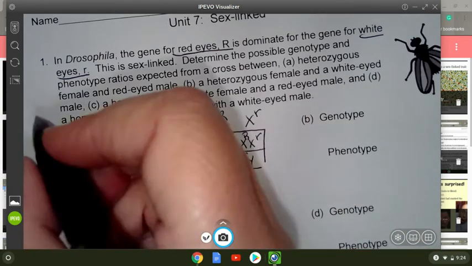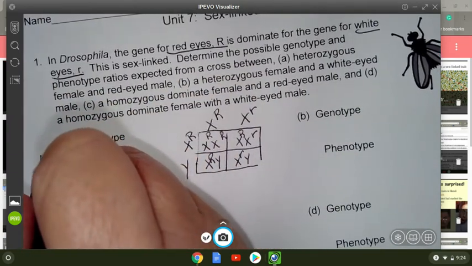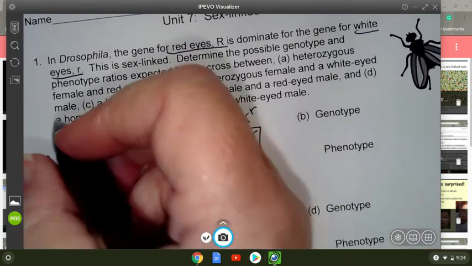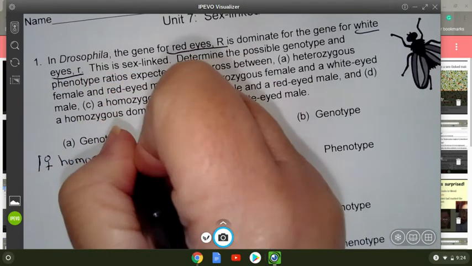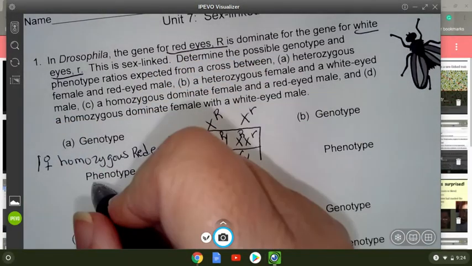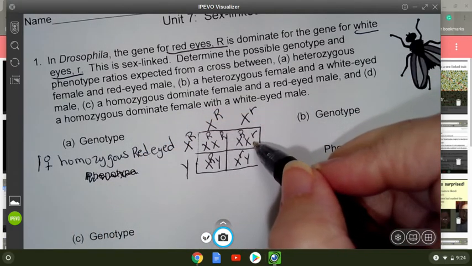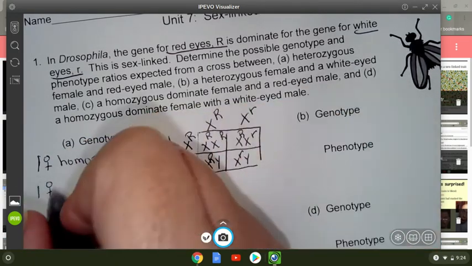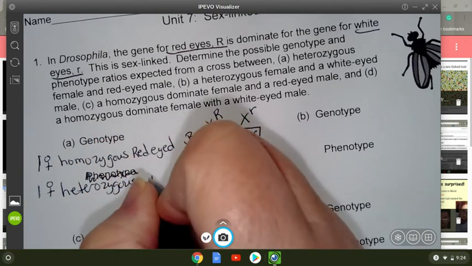So for our phenotypes, I'm going to write the symbol for female, because we have one female here that is homozygous, red-eyed. I'm running out of room here, so I'm going to scratch this out. Then we have one female that is heterozygous, red-eyed.